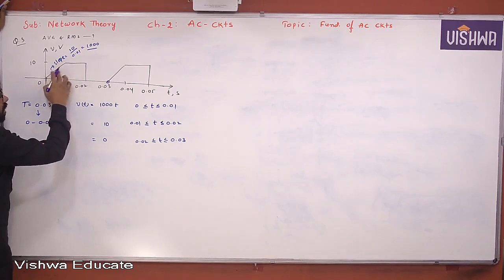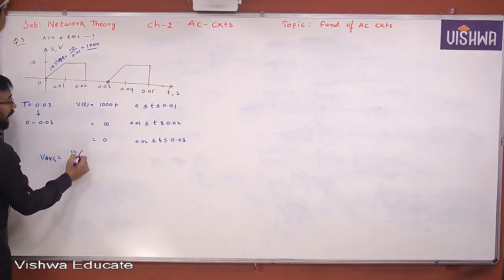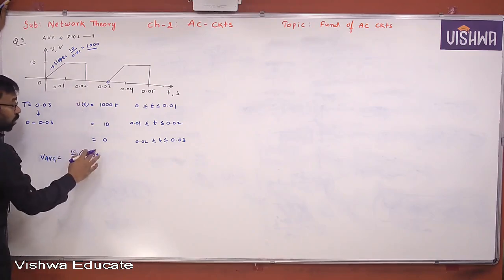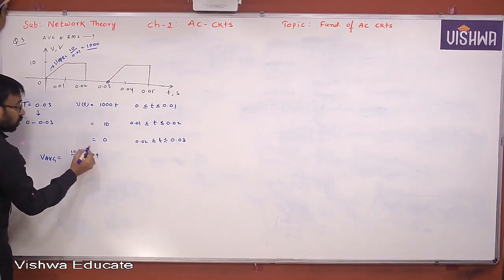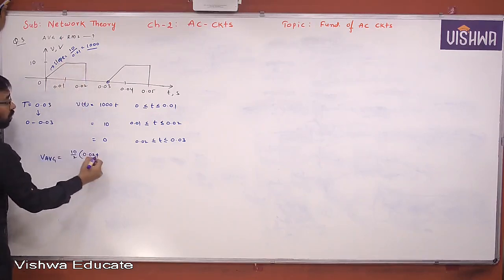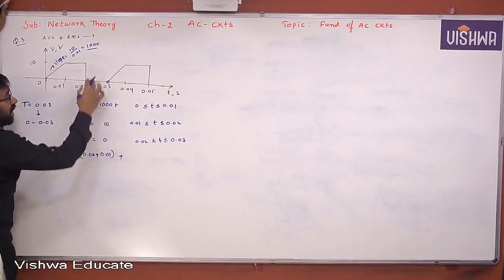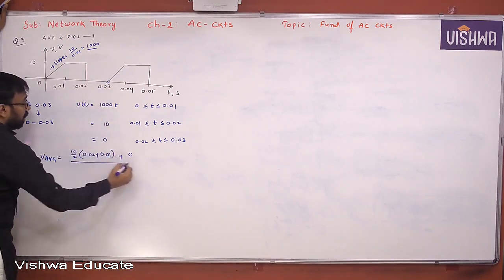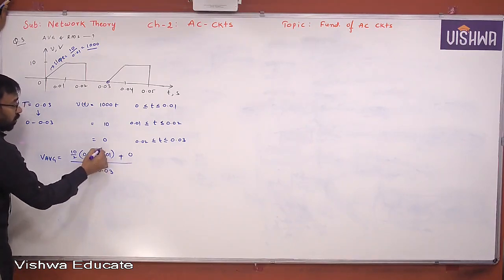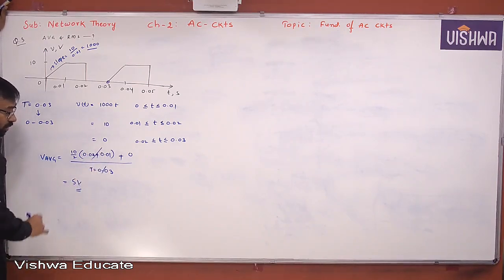The area you can calculate because it's a trapezoid: H by 2 into A plus B. What is H? 10 by 2. What is A? 0.03. Sorry, A is 0.02. B, the width of this particular one, will become 0.01. Plus, what is the area here? 0. Divided by the time period. What is the time period? T equal to 0.03. Therefore, it gets cancelled and finally you are left with 5 volts. The average value is 5 volts.